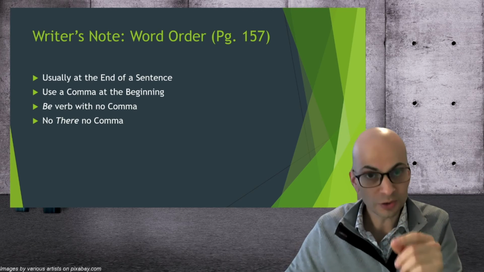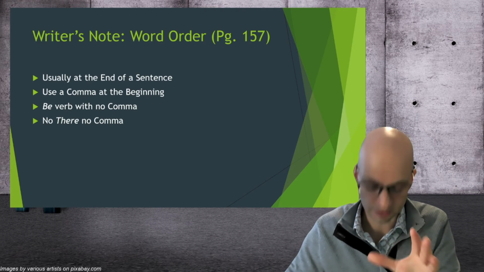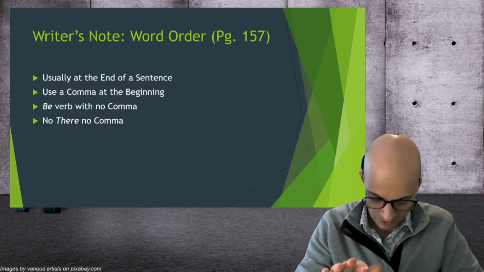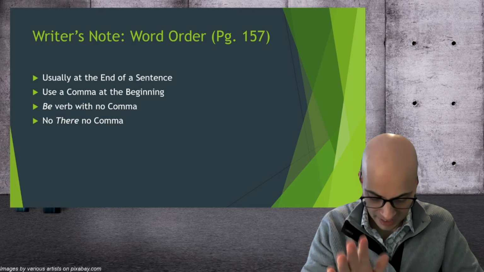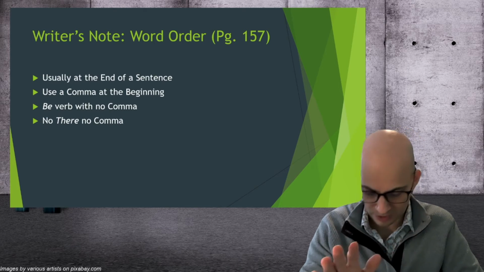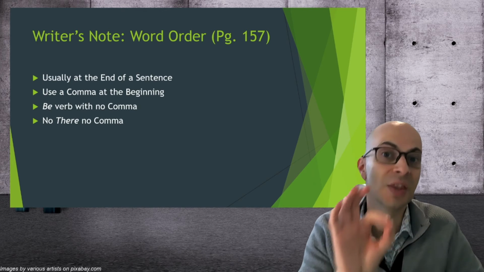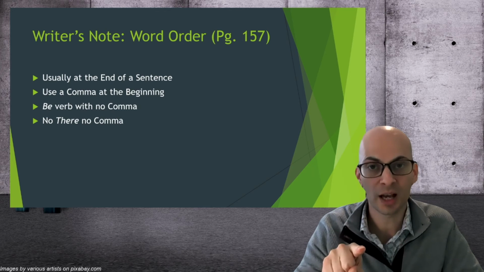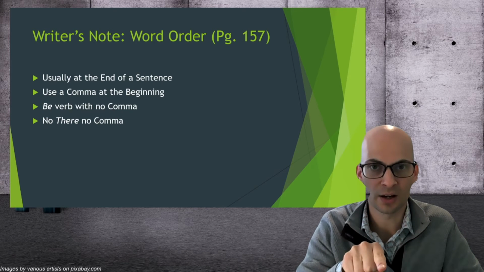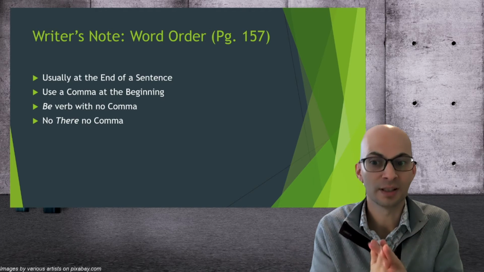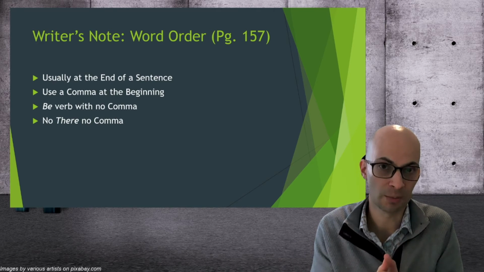But we can also say, well, we can't actually say this. In the example, under the sofa, comma, an empty pizza box was. That doesn't work. We could say under the sofa, there was an empty pizza box. Then we would have a comma if we added that there. Okay? But if there's no there, and that's the last one, there is no comma.